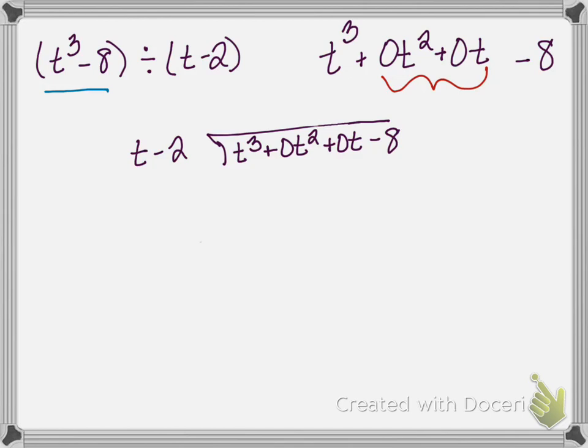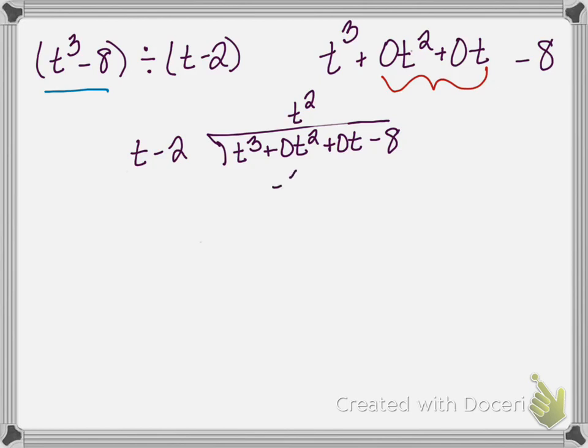So I'm going to start by asking myself, t times what gives me t to the third? t squared. Good job. So now I'm going to say t squared times negative 2.